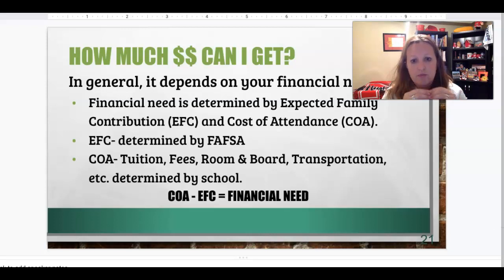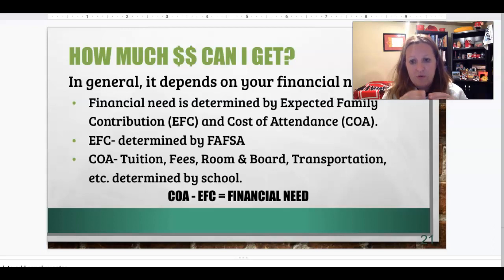So just to use round numbers. If the cost of attendance is $50,000 and your expected family contribution is $25,000, subtracting that, your financial need would be $25,000. Cost of attendance is encompassed with tuition, fees, room and board, transportation, all of those sorts of things that are determined by the school.